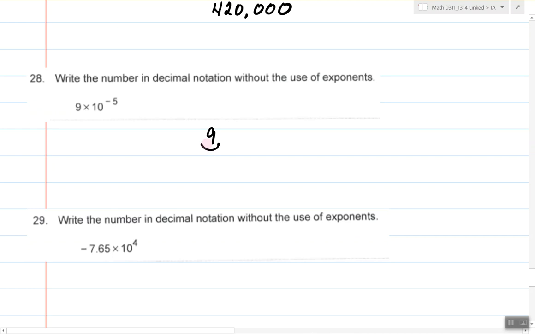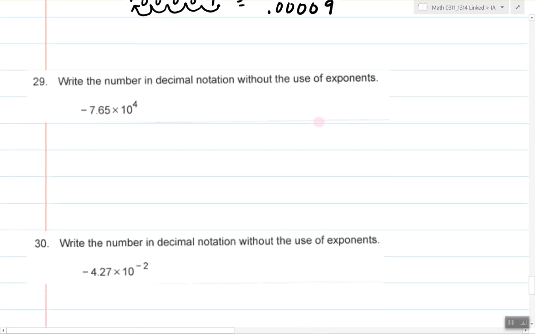So that's dividing by 1 power of 10, 2, 3, 4, 5, drop the decimal. 0, 0, 0, 0. Some textbooks like to put a leading 0 in front of that. I think it can get confusing, so I don't. This is just 0.00009. Negative exponent, tiny decimal.